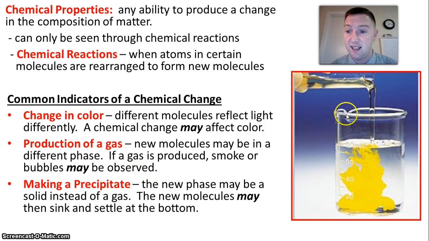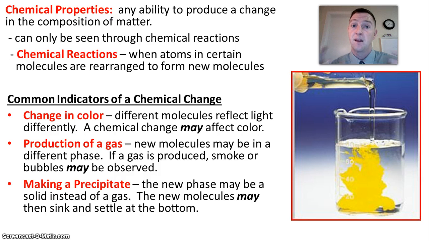All right, so here you see a change in color. Okay, the base solution is clear. The solution we're adding is clear. I mix two clear liquids, and what do I get? A yellow substance. That's a change in color. Why is it changing color?